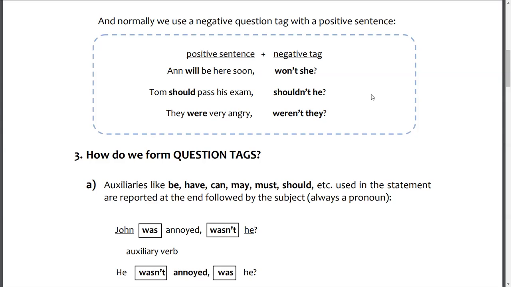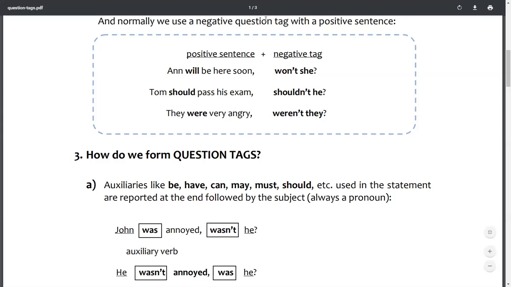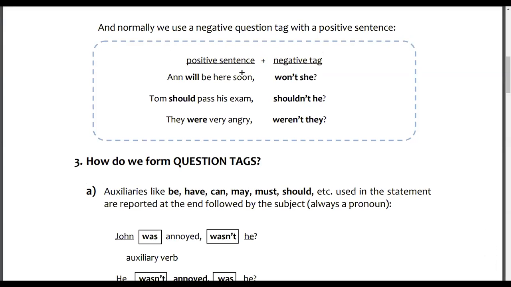Anyway, so we have already talked about the negative for a positive tag in question tags. Now let's see the opposite way. What happens if we have a positive sentence? And yes, if you have a positive sentence, then everything changes, right? Yes, of course. So here we go.